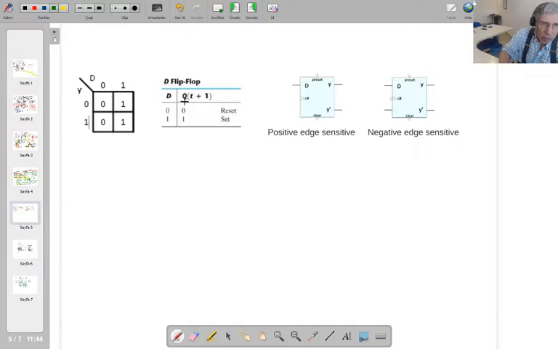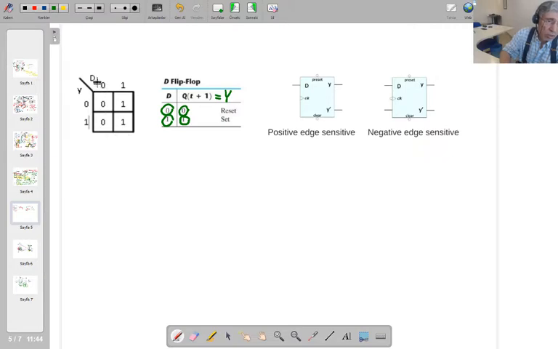So this Q(t+1), our capital Y, that means next state. So what it says, when D input is equal to 0, your capital Y next state is 0, whatever your present state is. When D is 1, your next state is 1, whatever your present state is.